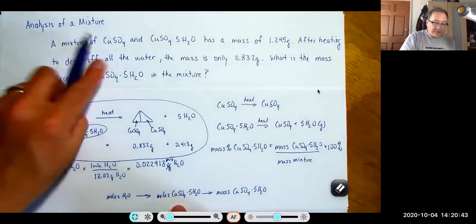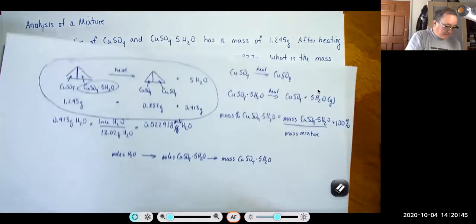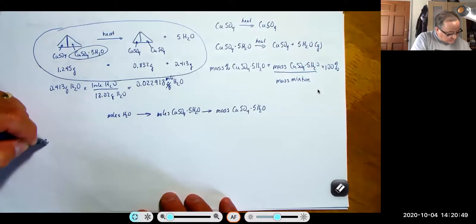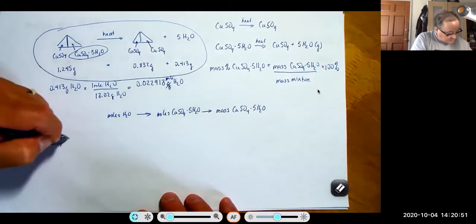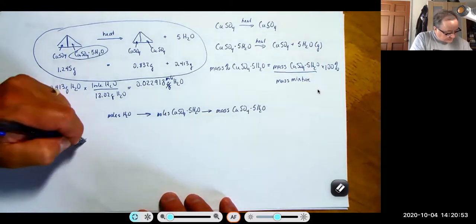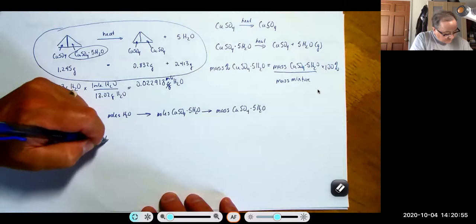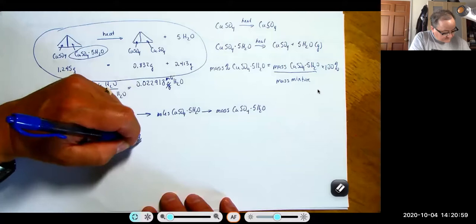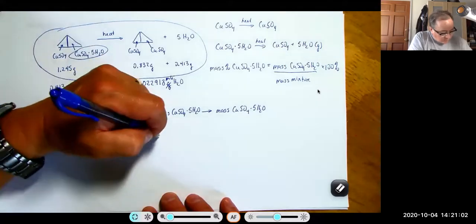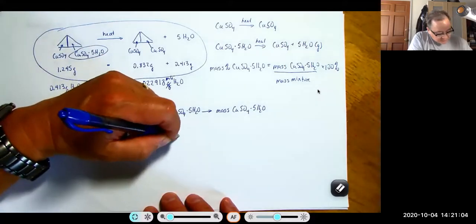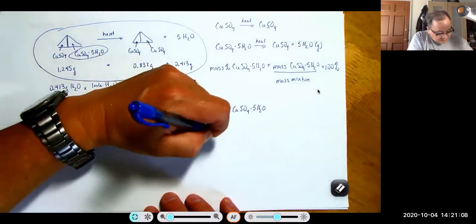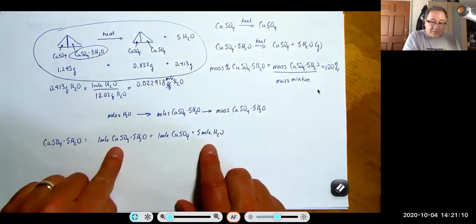Because in this formula, CuSO4·5H2O, this means for every 1 mole of copper sulfate pentahydrate, there is 1 mole of copper 2 sulfate and there are 5 moles of H2O. So I can use all of these as mole ratios.